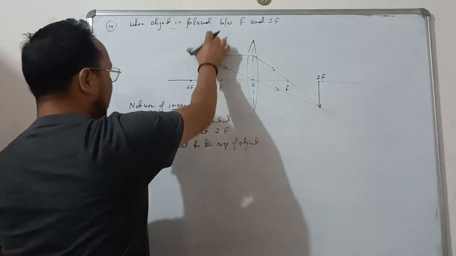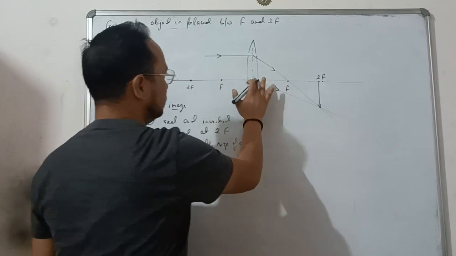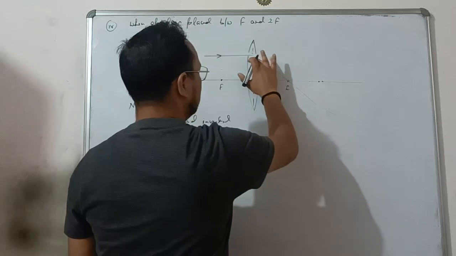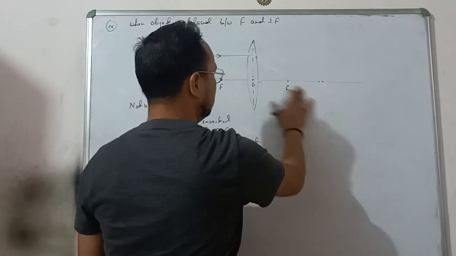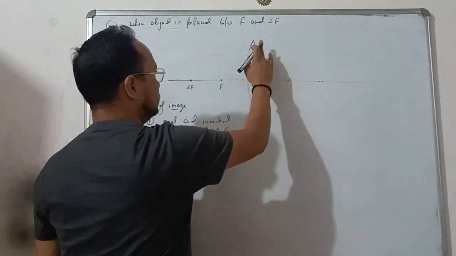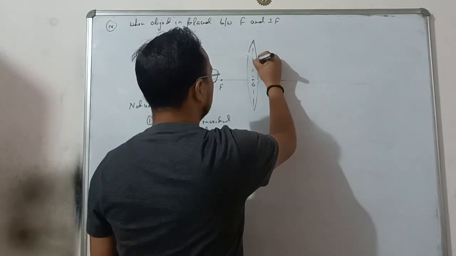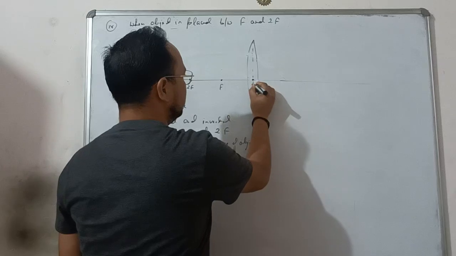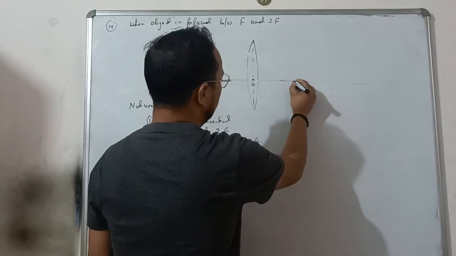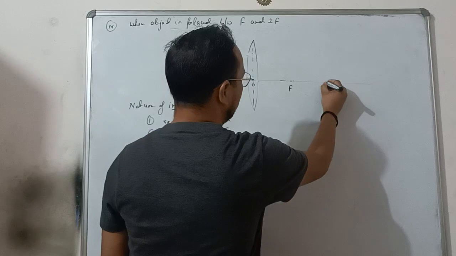For this, we will again make the ray diagram. So this is the optical center. This is the principal focus on both sides of the lens, and similarly this is 2f.